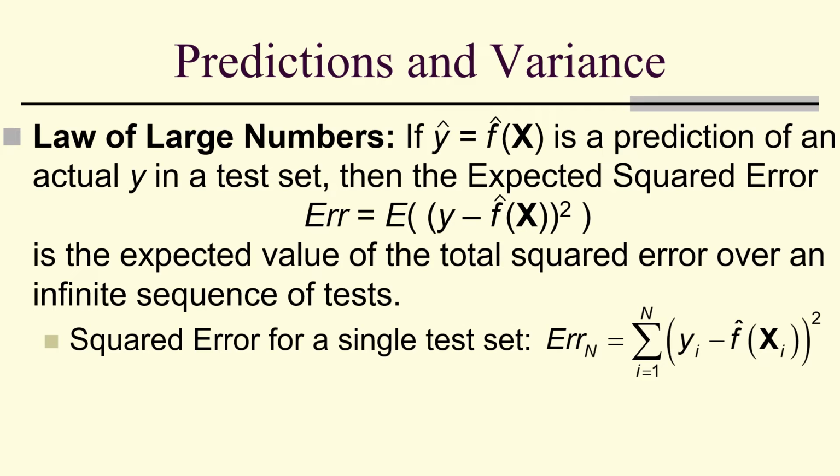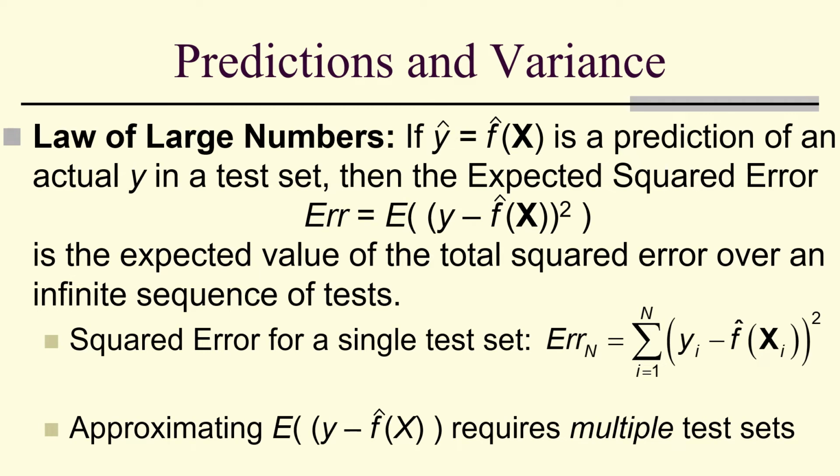Now for a single test set, we actually would get an approximation, the error sub n, and that's the sum of the differences between the y sub i's and the f hat applied to the x sub i's squared. And for large n, that might be an approximation to the actual error, but remember the actual error is an expected value over what we would imagine to be an infinite sequence of tests.